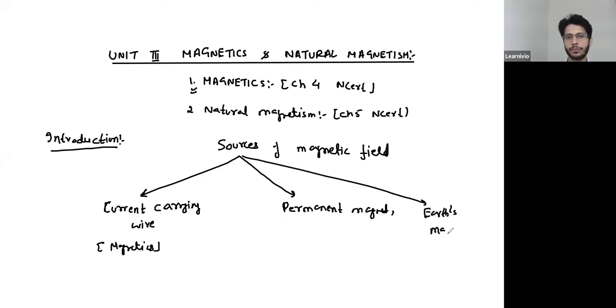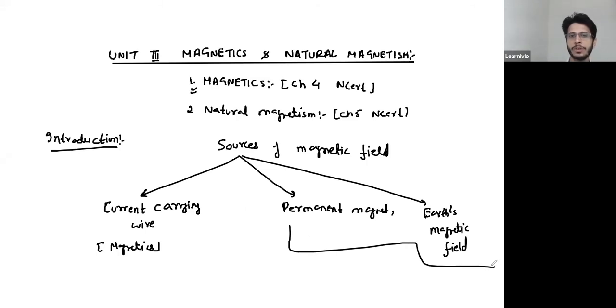So there's a current carrying wire, a permanent magnet, or Earth's magnetic field. The first we study in magnetics, and the other two we will study in natural magnetism. So this is the division of the chapters basically.